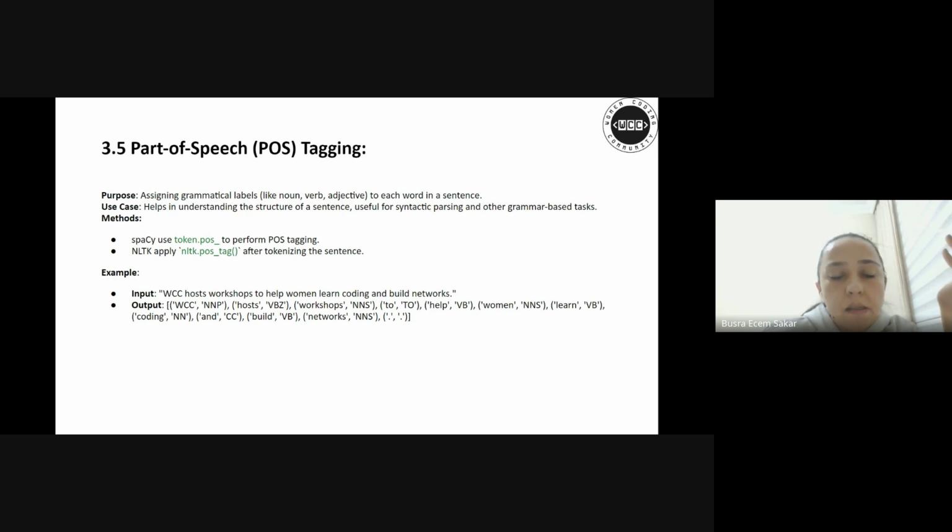Or let's say build. Build is in its base form and used as a verb here. So it is tagged VB, indicating an action. So by applying this POS tagging, we can break down the grammatical structure of sentences, which is essential for many NLP tasks such as machine translation, syntactic parsing, or even question answering systems.